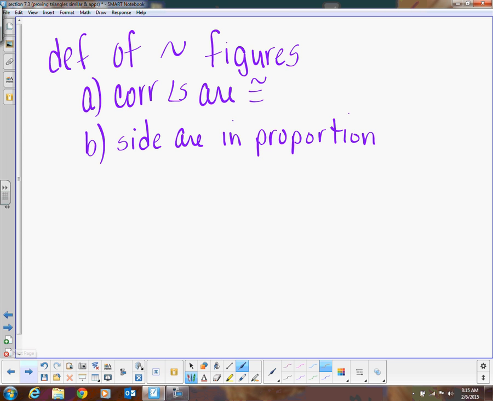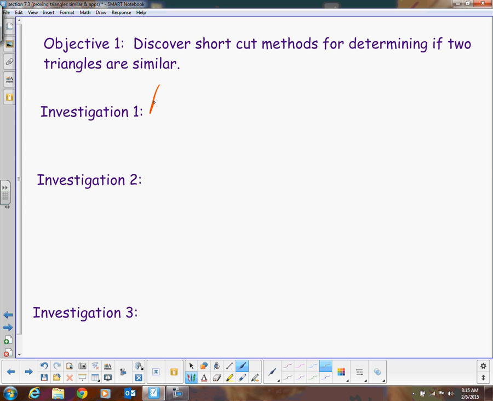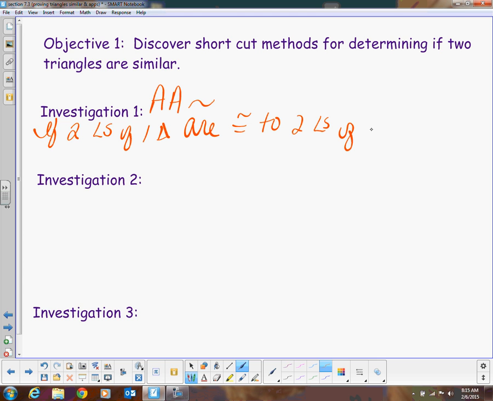All right, so the first investigation we would have done is called angle, angle, and now we're going to do a little similar figure. And what this says is, if 2 angles of one triangle are, what should the relationship be? Congruent to 2 angles of another triangle.